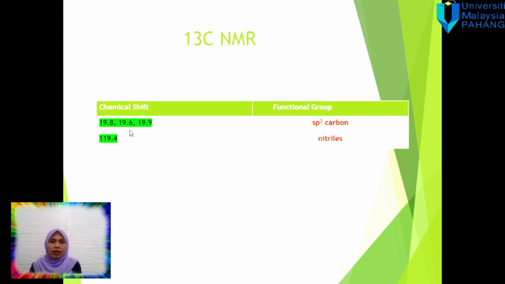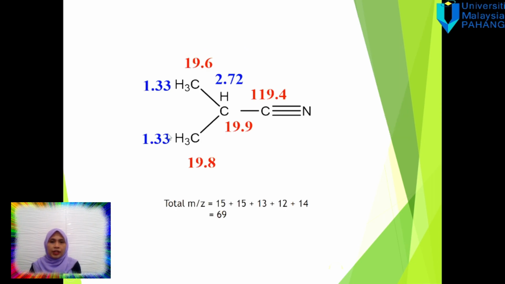And this is the carbon signals. They have 4 carbon signals. This region is for CH3, and this one is near an electronegative atom, that's why it falls more downfield. Based on all the spectroscopic data, we can elucidate the structure. 1.33 is for CH3 for both groups, integration 6H, and this signal will be a doublet in multiplicity.